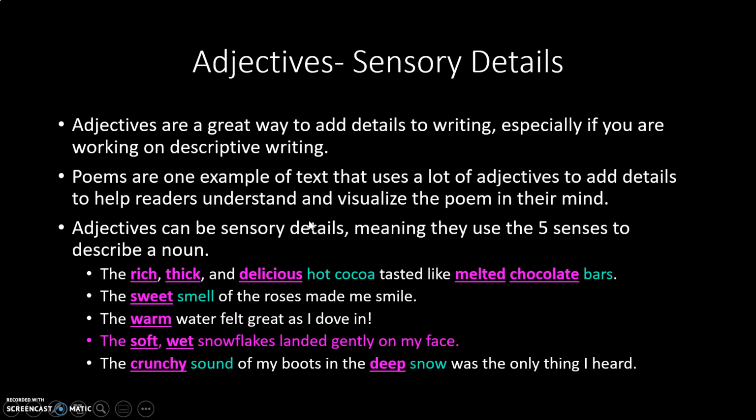Now, let's talk about how adjectives can also be sensory details. When I say sensory, I'm thinking of the 5 senses. Your 5 senses are what you use to navigate and move around the world around you. Like hearing, that's your sense of hearing. Sense of touch, that's how something feels.